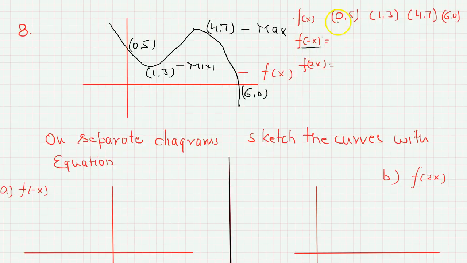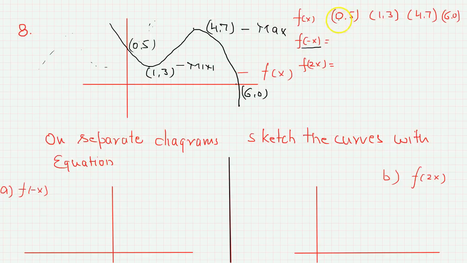f(-x). We know that when x becomes negative, it's a reflection in the y-axis. So actually the curve will be, you can have some idea, this reflection will come here, then this way. How do we do it?